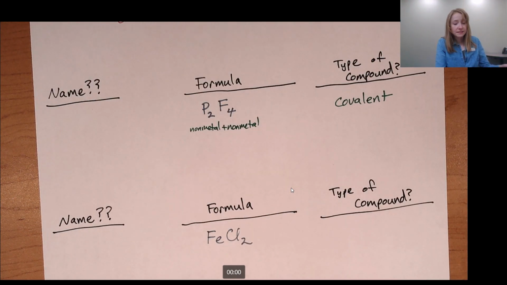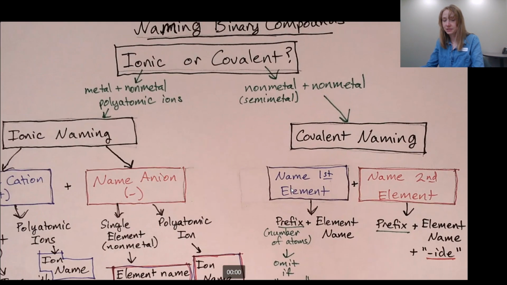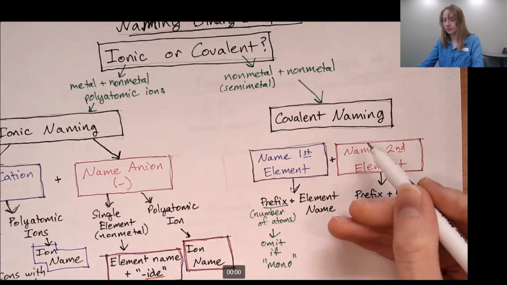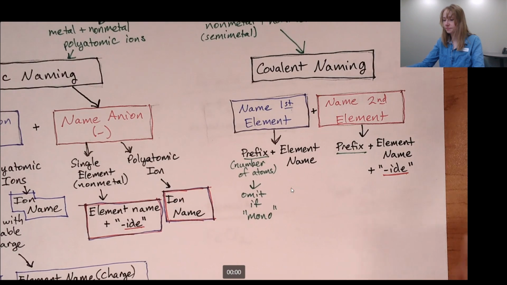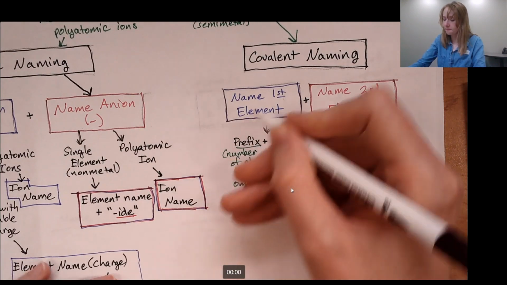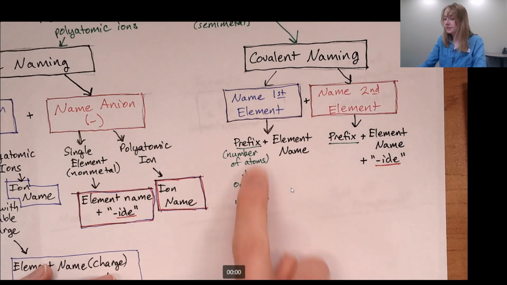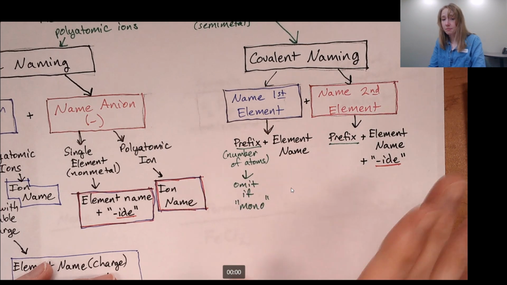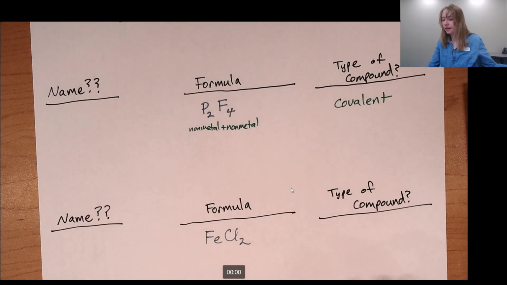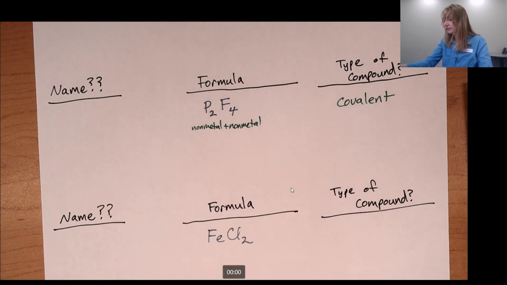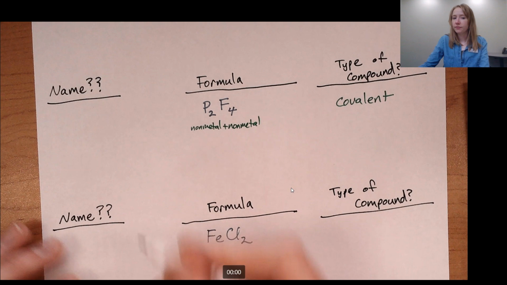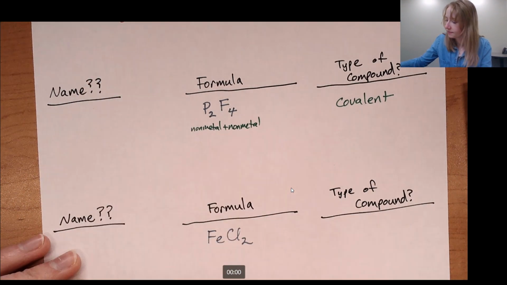So that means I need to use my covalent naming system. So if I go back to our flow chart, we've got covalent. We're going to use covalent naming, and that means we're going to use prefixes to indicate the number of atoms. So here we have 2 phosphorus, so we'll just use the prefix di.